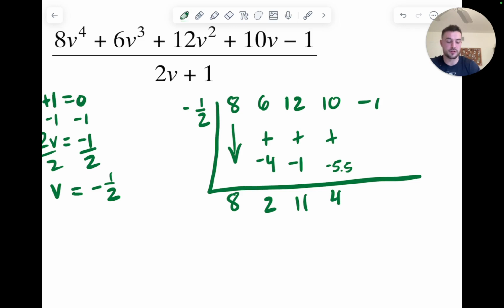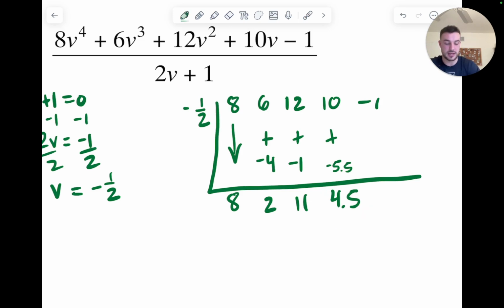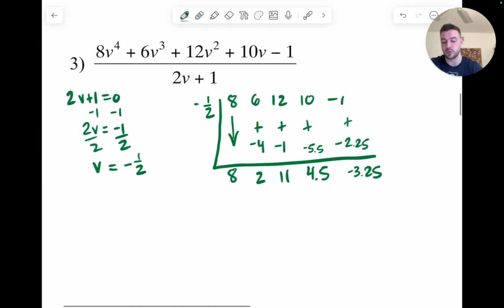We add going down to get 4.5. And then again, -1/2 and 4.5 gives me a -2.25. One last time, we're going to add going down. -1 and -2.25 is a -3.25.